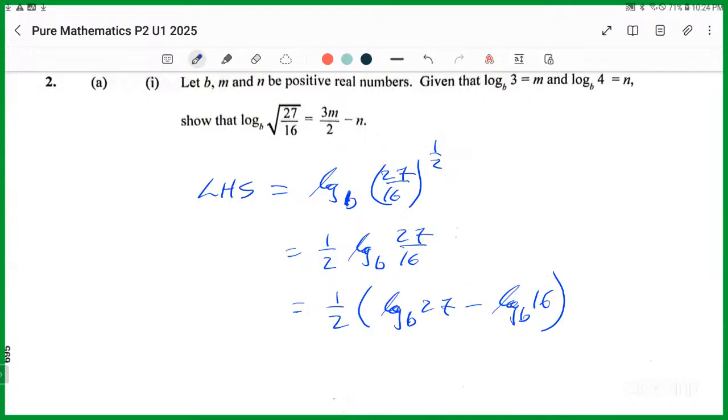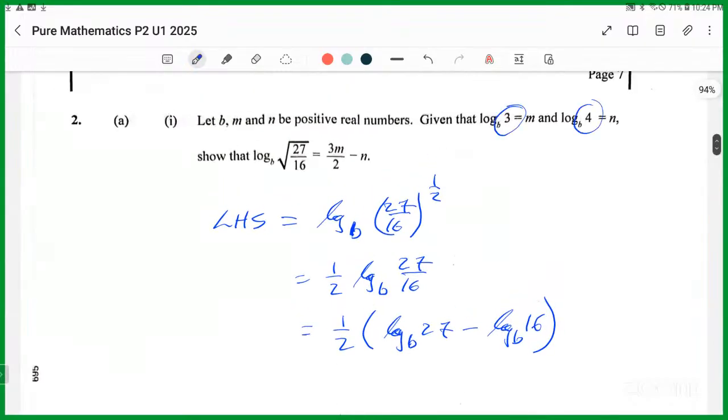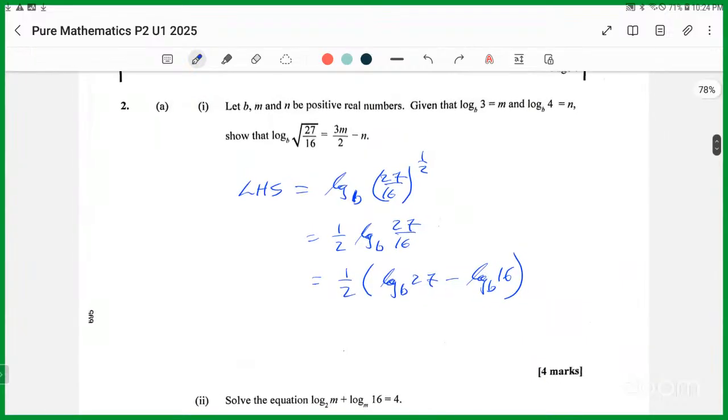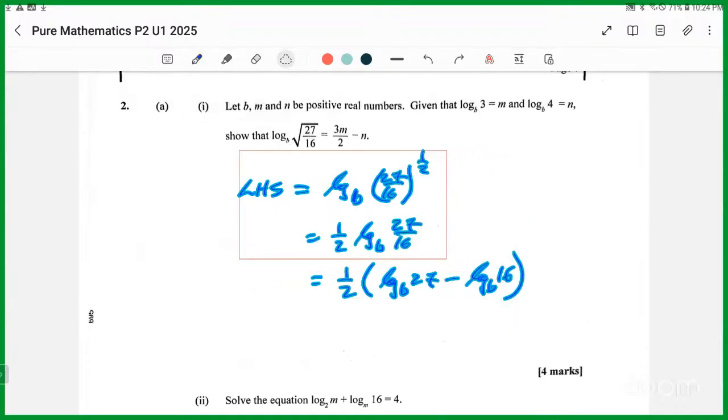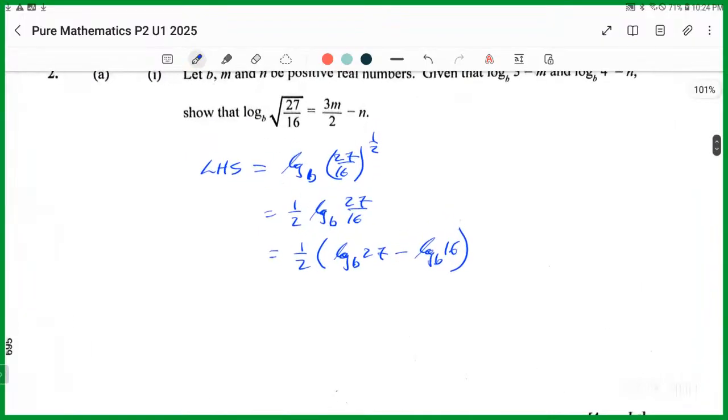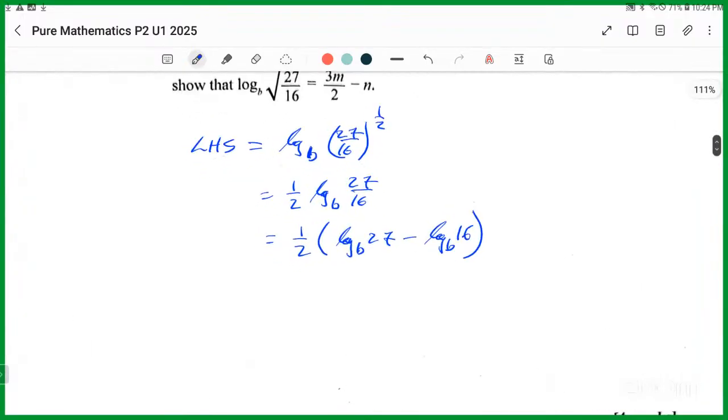Now we're keeping an eye on m and n, the logs of 3 and 4. What happens now is that this 27 is the same as 3 cubed, and this 16 is the same as 4 squared.